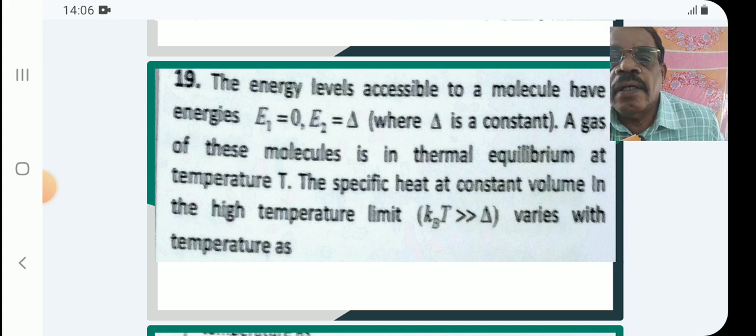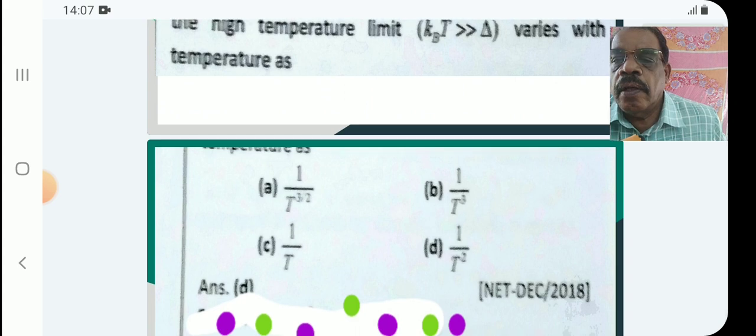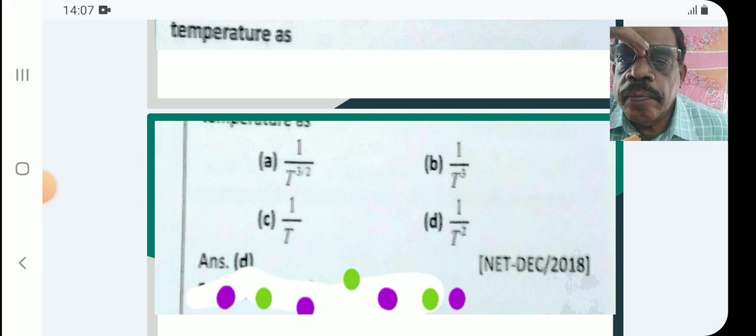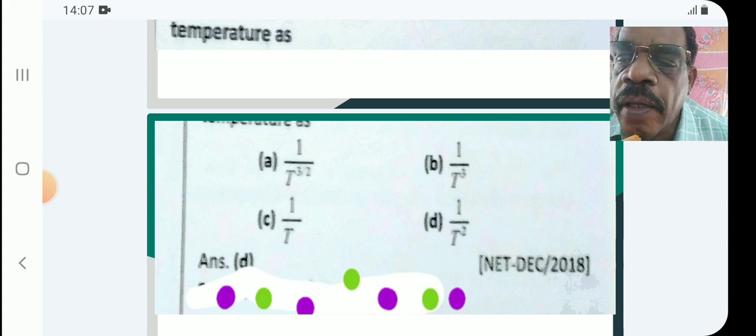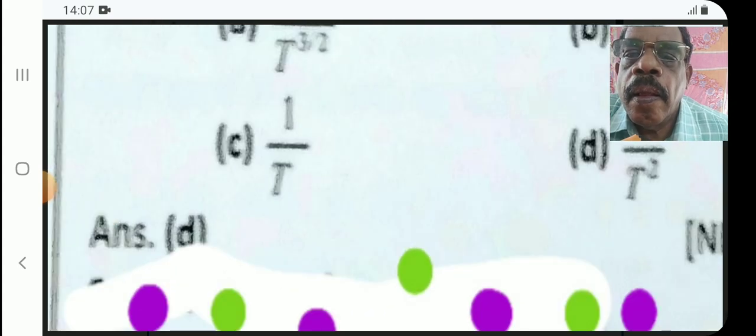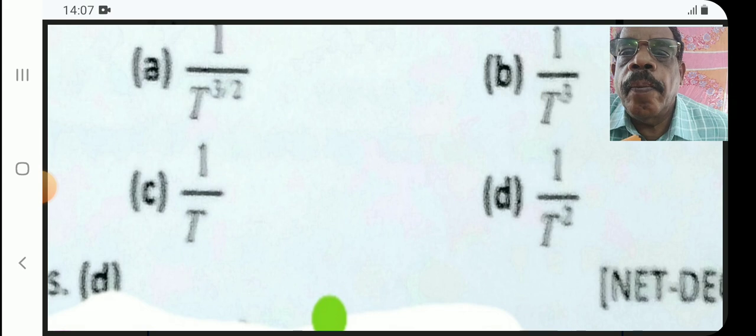A gas of these molecules is in thermal equilibrium at temperature T. The specific heat at constant volume in the high temperature limit, that is kBT much greater than delta, varies with the temperature as: 1 by T raised to 1.5, 1 by T squared, 1 by T, 1 by T cubed.